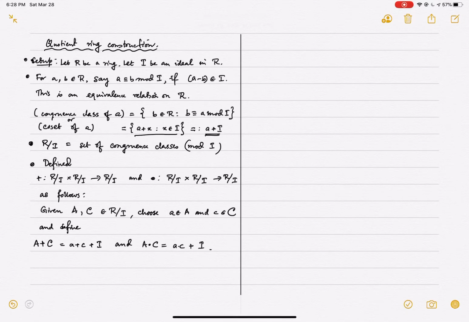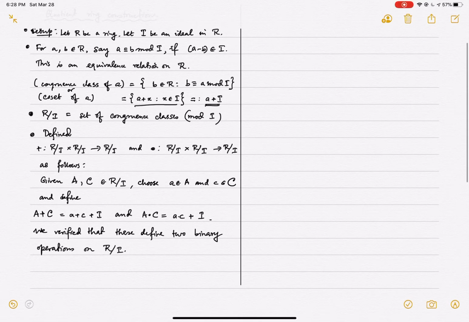And we verified, a priori it's not clear that this is a well-defined thing, but it is. We verified that these define two binary operations on the set R mod I.